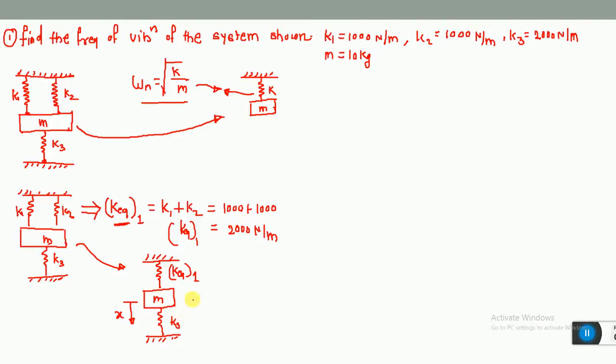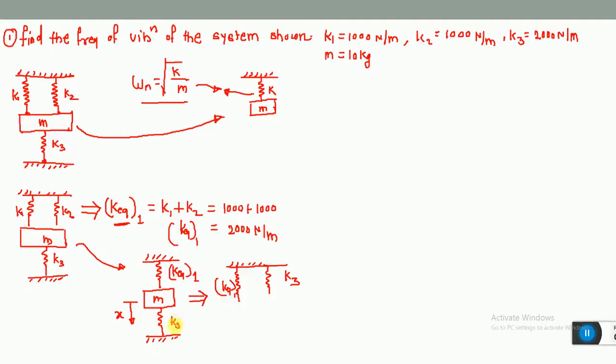Okay, so we can represent this K equivalent and K3 in the parallel arrangement as you can see in the figure. So this is your K equivalent 1, and this is K3.